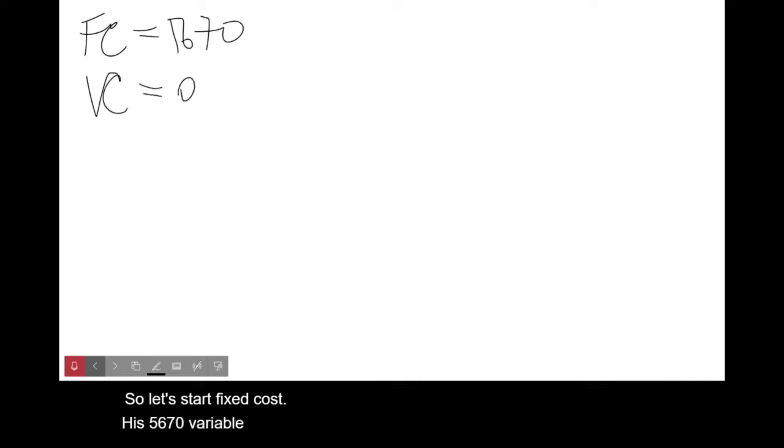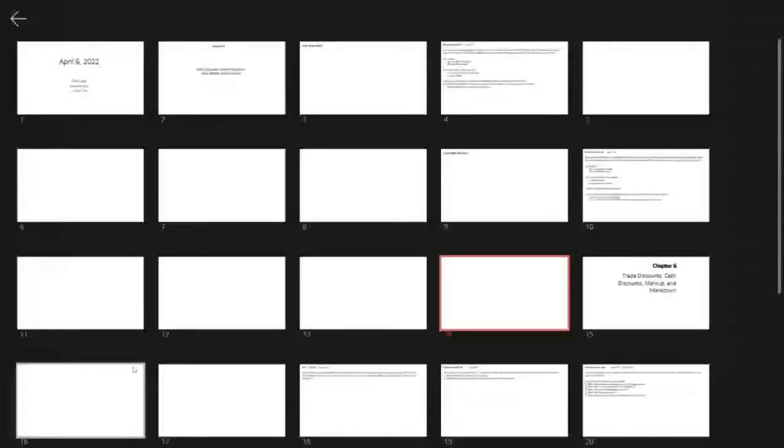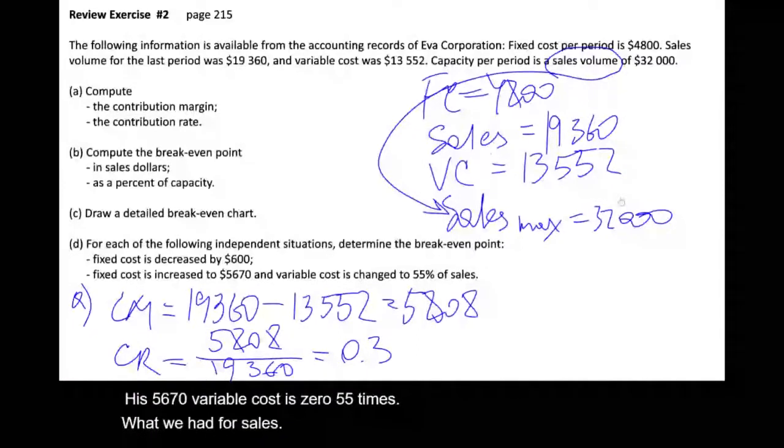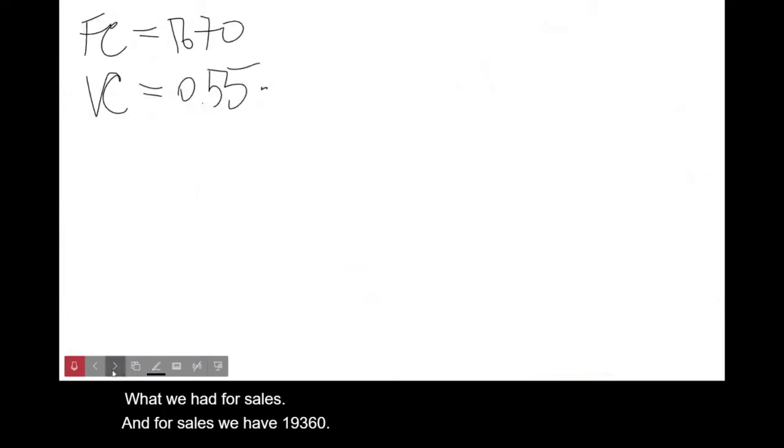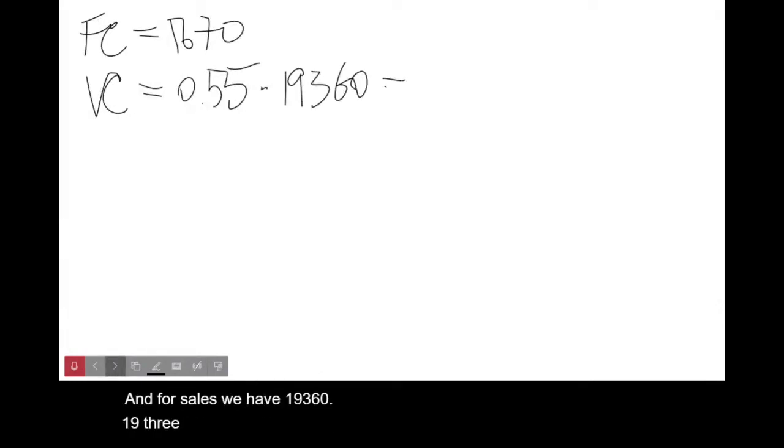Variable cost is 0.55 times what we had for sales, and for sales we have 19,360. So 0.55 times 19,360 is $10,648.